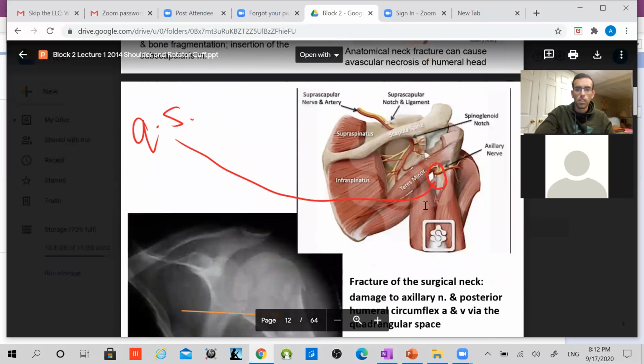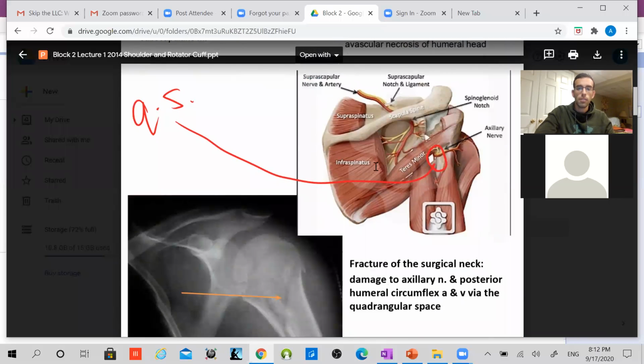Okay. So this picture right here, we're looking at the supraspinatus, infraspinatus. The attachment is pretty much looking at the supraspinatus fossa of the scapula here. And the infraspinatus, we're looking at the infraspinatus fossa of the scapula.